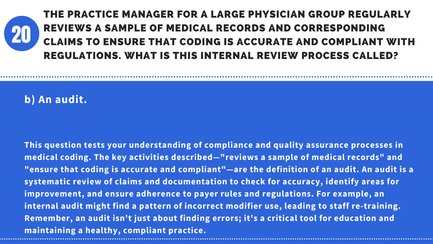An audit is a systematic review of claims and documentation to check for accuracy, identify areas for improvement, and ensure adherence to payer rules and regulations. For example, an internal audit might find a pattern of incorrect modifier use, leading to staff retraining. Remember, an audit isn't just about finding errors, it's a critical tool for education and maintaining a healthy, compliant practice.